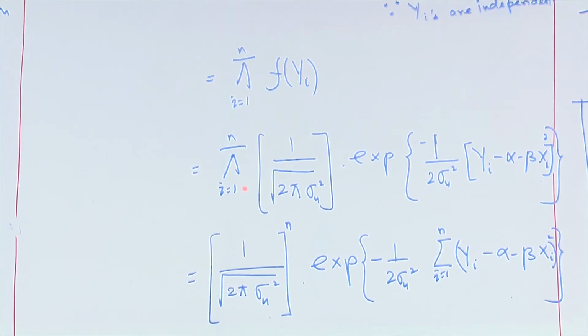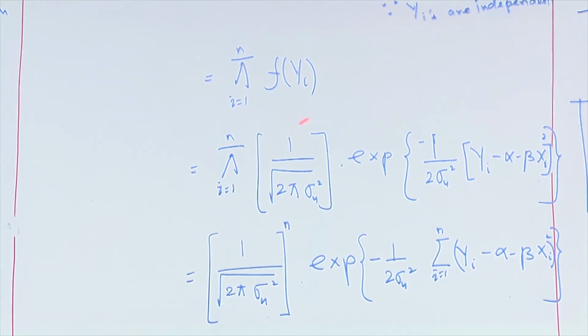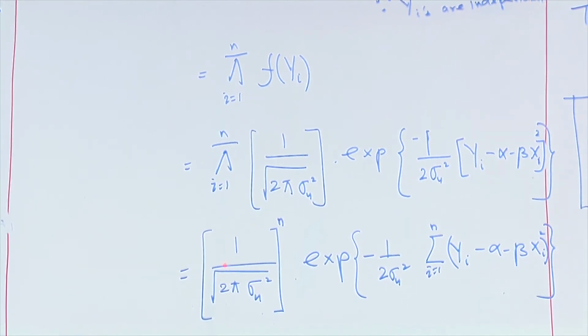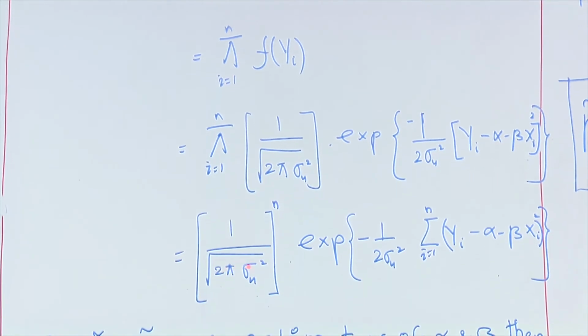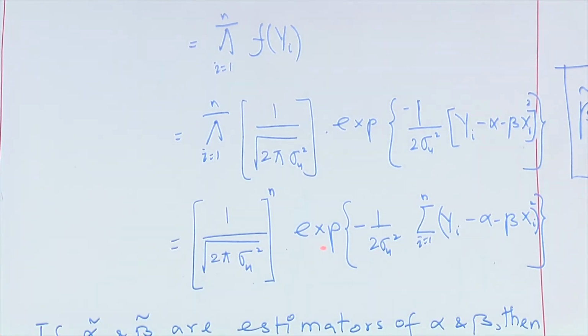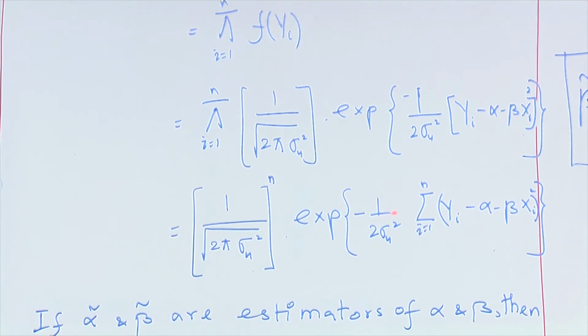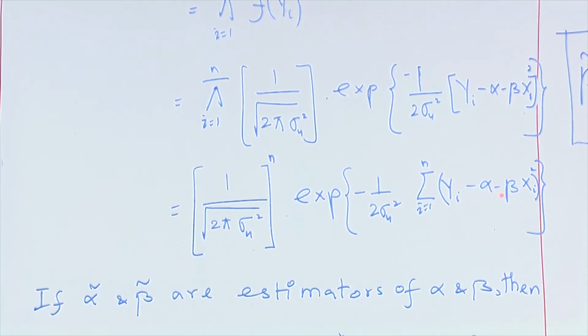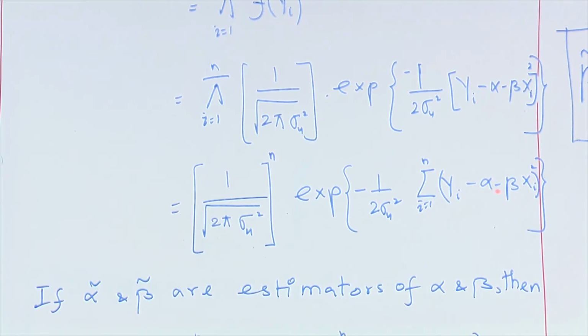Now, we may do some small manipulation, because the exponential rule may be applied here, and the multiplication of this n times can be taken outside. We get 1 by square root of 2 pi sigma u square whole power n exponential minus 1 by 2 sigma u square sigma (yi minus alpha minus beta xi) whole square.